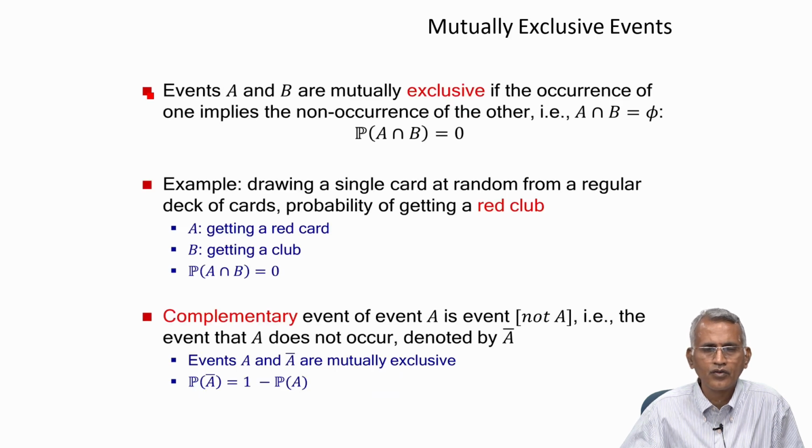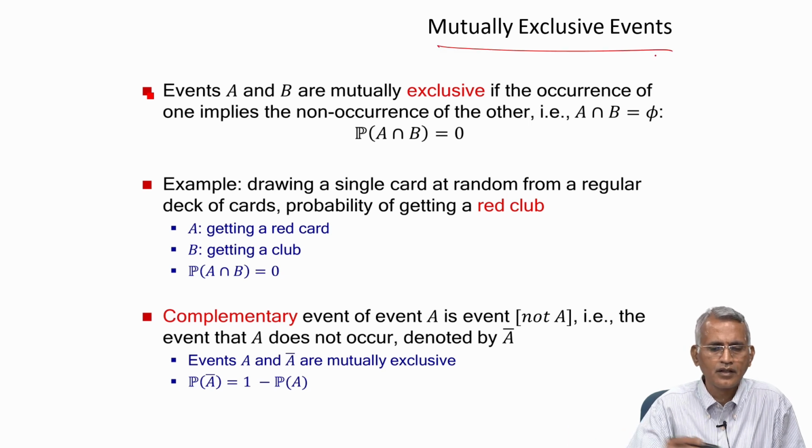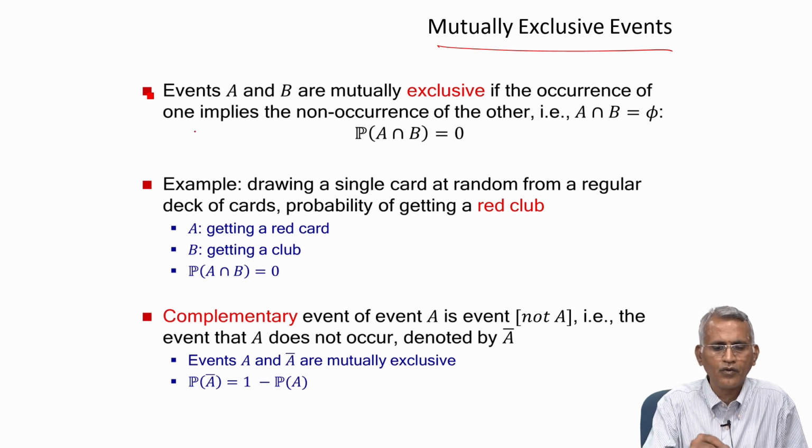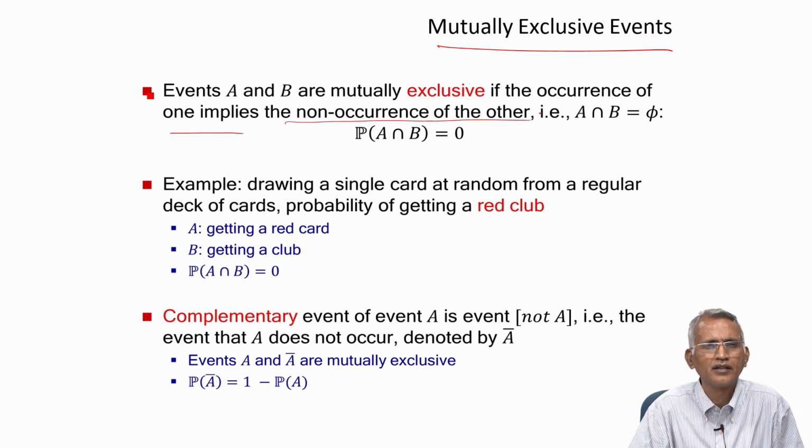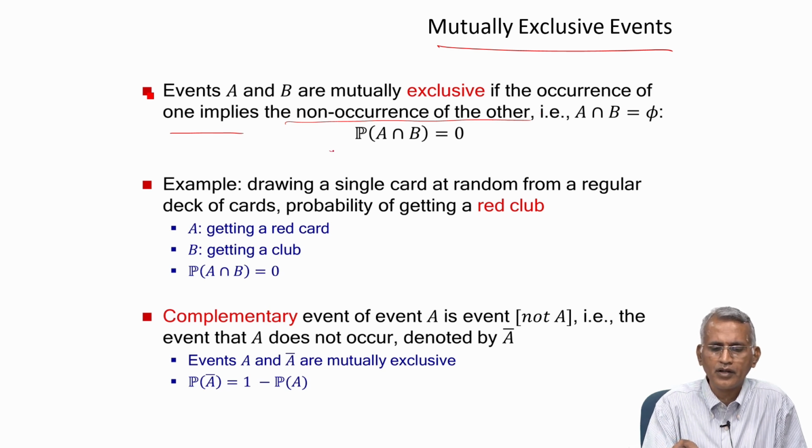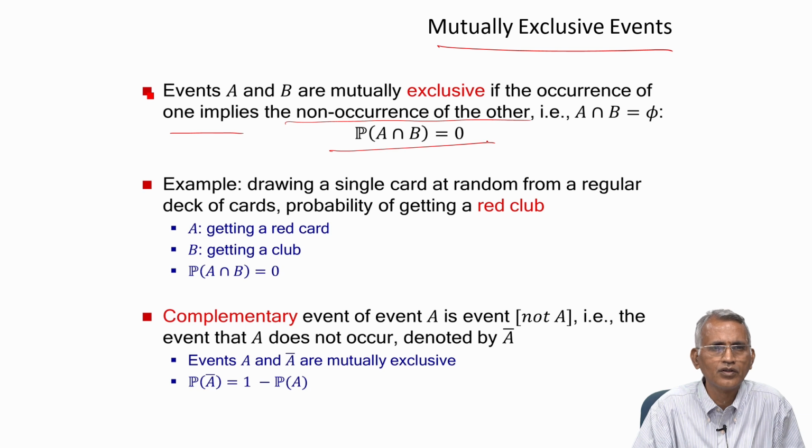Now, we are going to explain mutually exclusive events. The events A and B are mutually exclusive if the occurrence of one implies the non-occurrence of the other. In that case, the intersection of the two events is empty, therefore the probability of A intersection B equals 0.